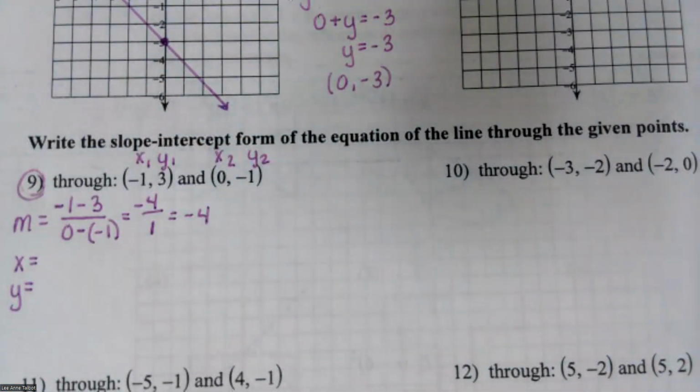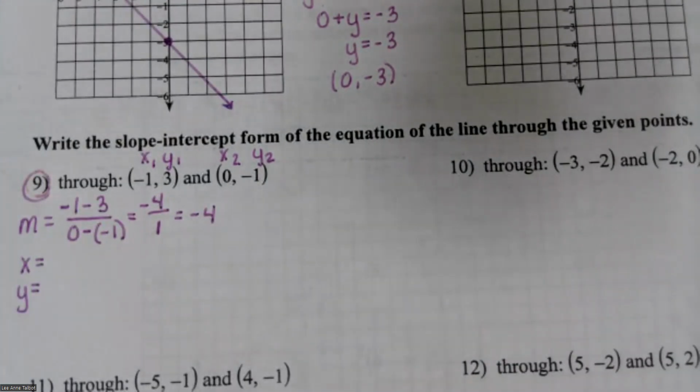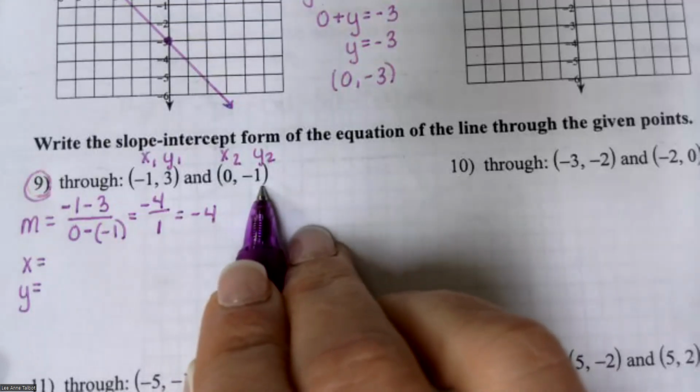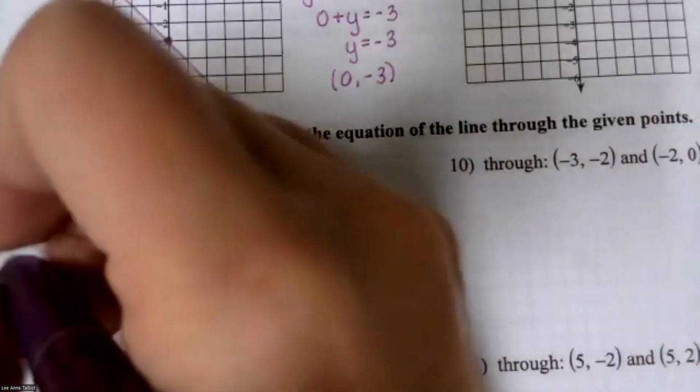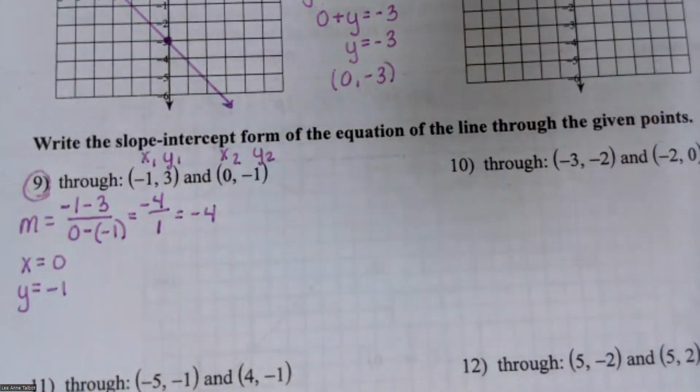Which one of the coordinates do you guys want to pick to be x and y? Yeah. Do you guys see that they actually gave you b in this problem? But we're just going to do it because a lot of times they do that and people just don't realize it. They just go through the motions, which is totally fine.